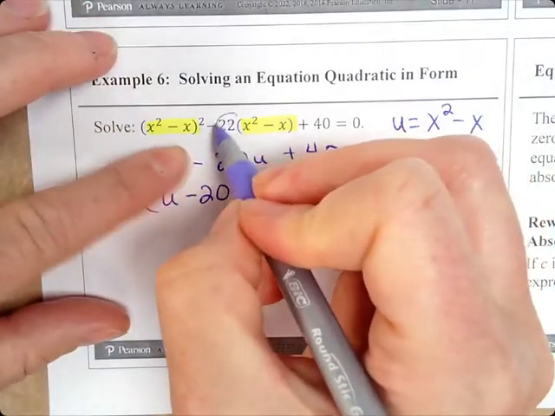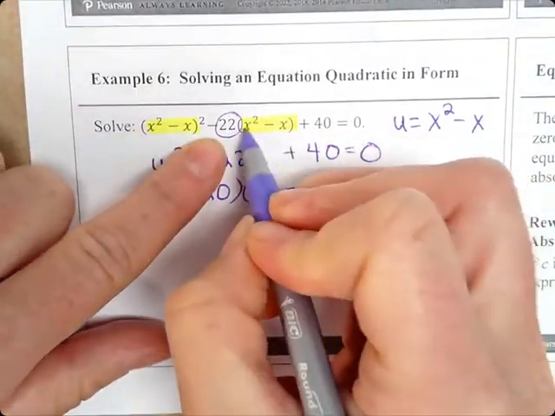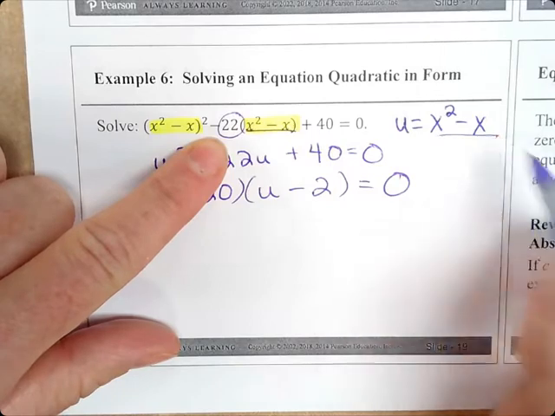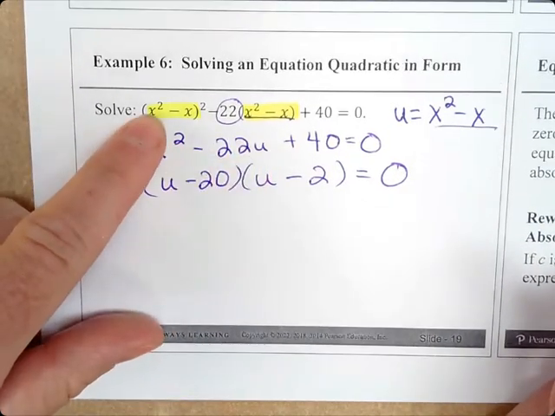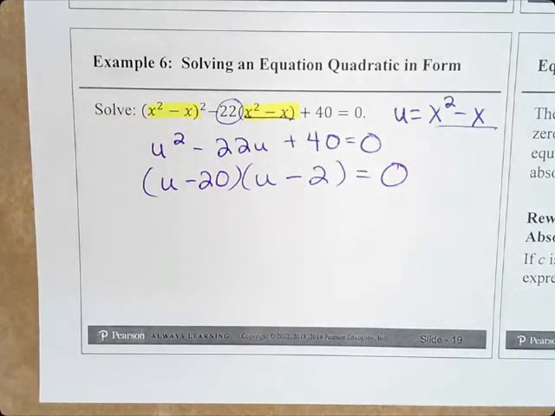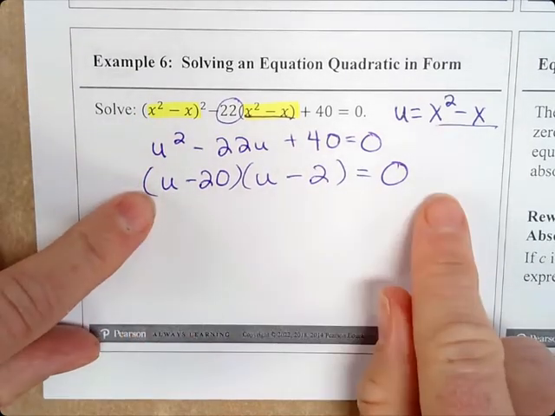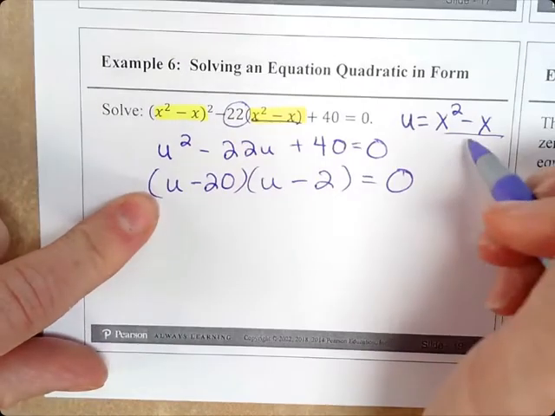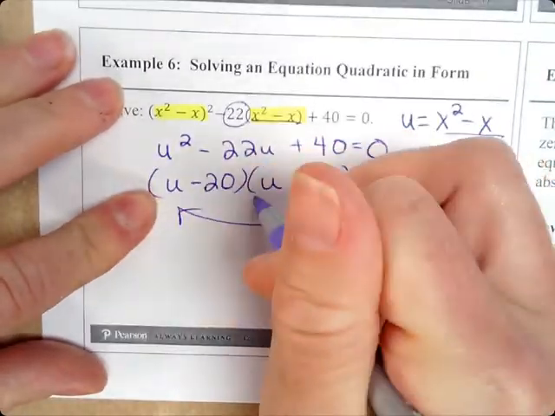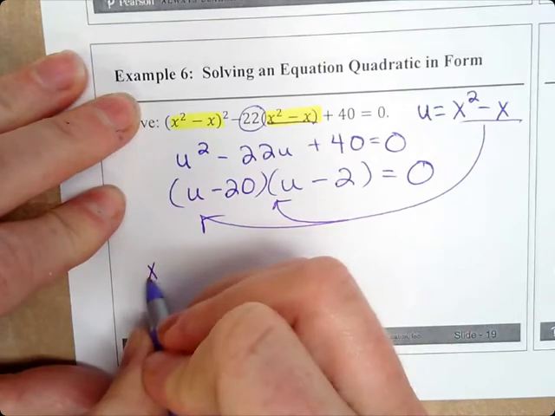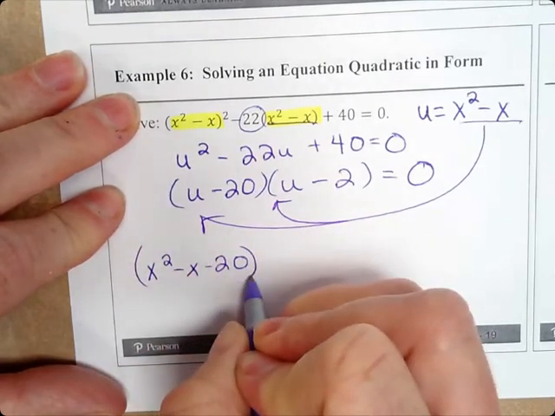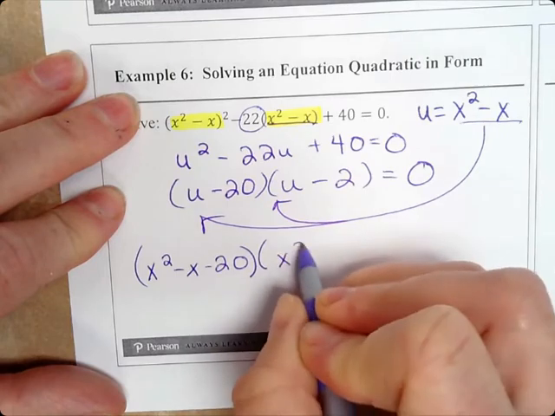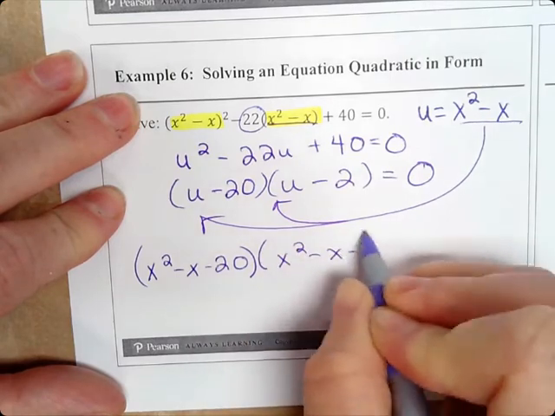Right here. Where'd the u come from? Instead of putting in this x squared minus x, I put in a u, because I'm saying that u is x squared minus x. I'm doing the substitution. All right, so I factored. Now I need to sub this back in. And now I have x squared minus x minus 20, and then x squared minus x minus 2.